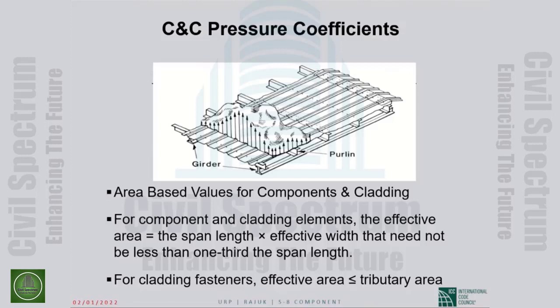You will see, it will be apparent as I go. For component and cladding elements, the effective area is very important. There is something called effective area defined, which is equal to the span length, like this purlin. We take the span length and multiply that by an effective width that need not be any less than 1/3 the span length. This is how it has always been phrased.